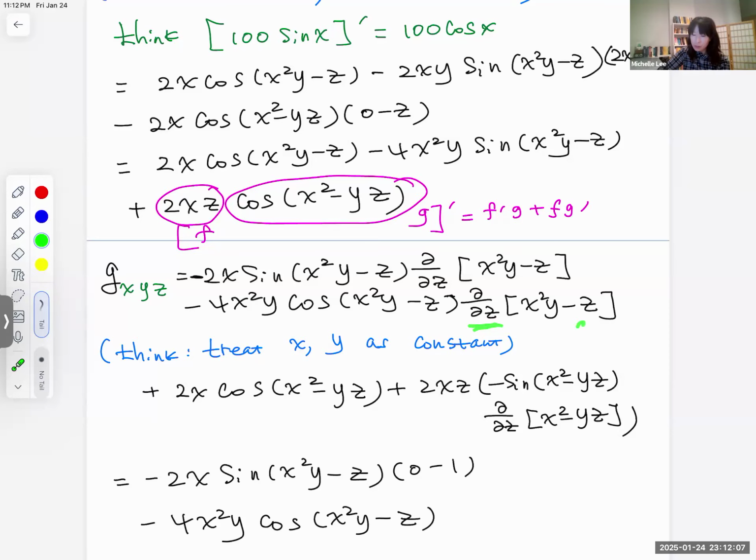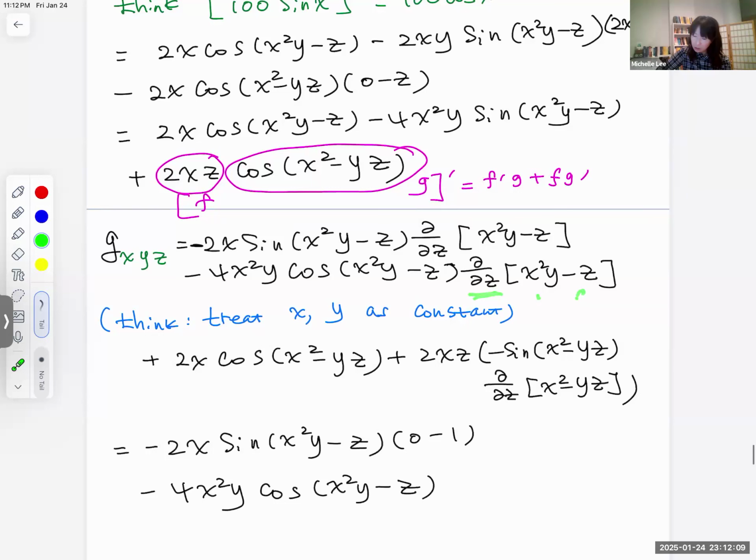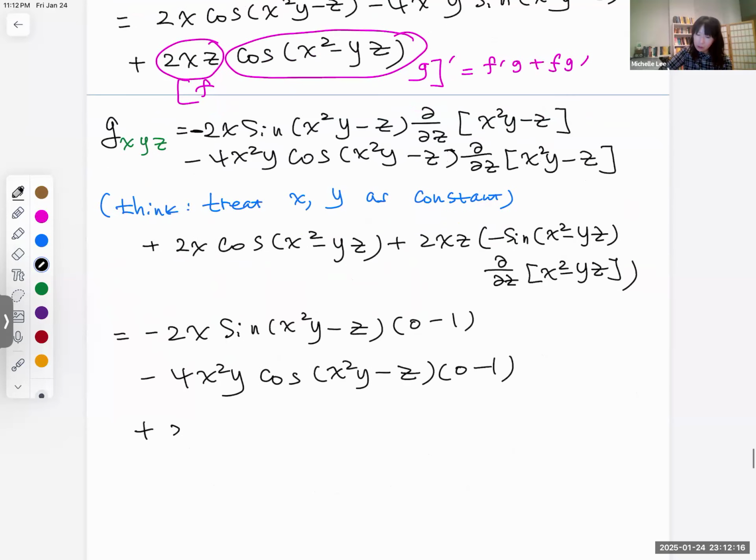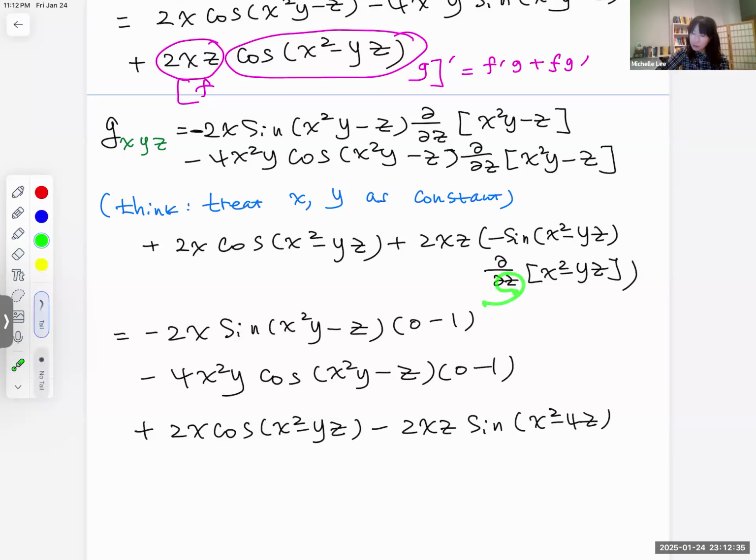Oh, same, 0 minus 1. And third term, plus 2x cosine(x²y − z). Last term, negative 2xz sine(x²y − z). What's the derivative with respect to z? 0 minus y, right?